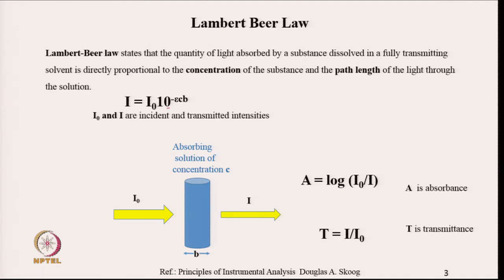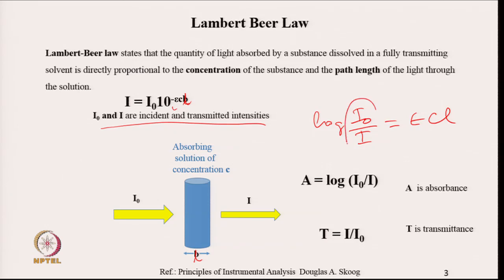So, I is equal to I naught times 10 to the power minus epsilon CL, where I naught and I are the incident and transmitted intensity, and this length is L. Now, we got log I naught by I is equal to epsilon CL.